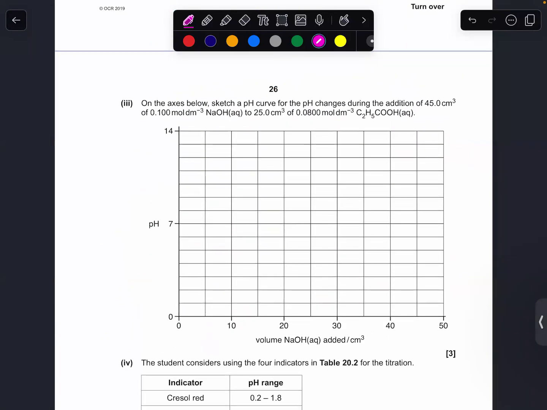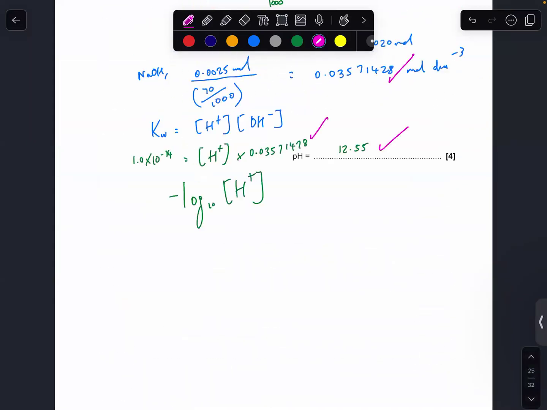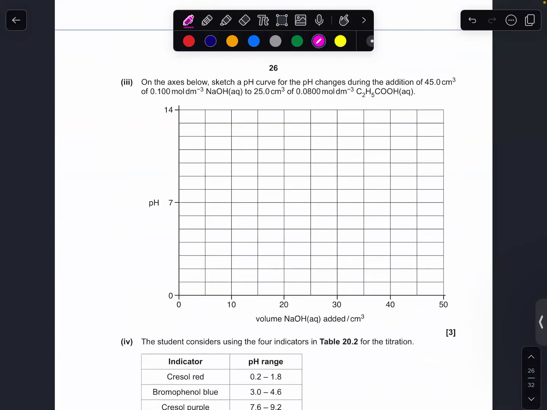On the axis below, sketch a curve for the pH that changes during the reaction. We know that the end pH is about 12.55. 7, 8, 9, 10, 11, 12. So at 45, it should be ending about here. We know that it neutralizes at 20.